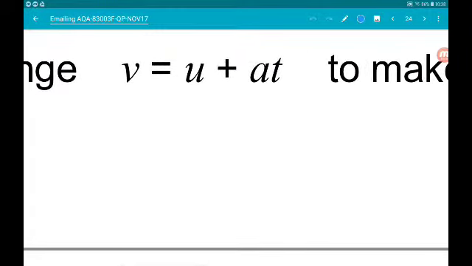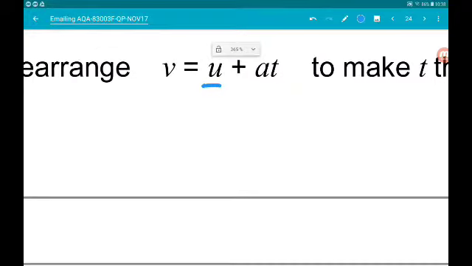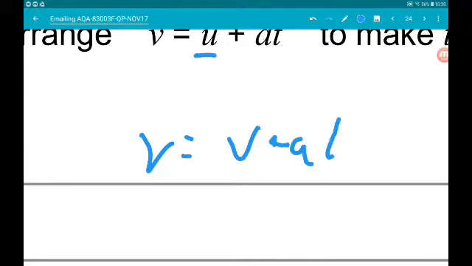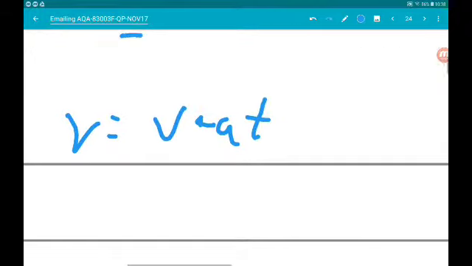So the first thing to do is move this u. Now it's positive u, so to move a positive thing, we subtract from both sides. So we got v is u add a t. So we're getting minus the u.